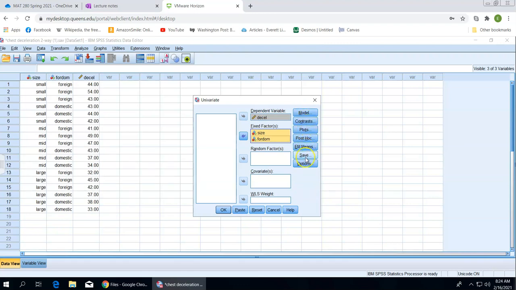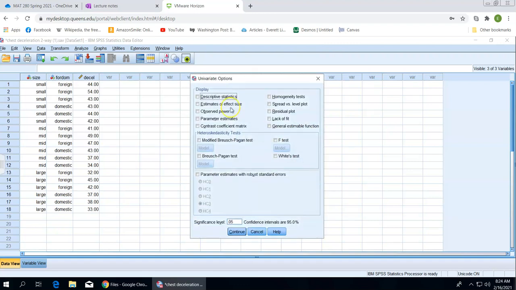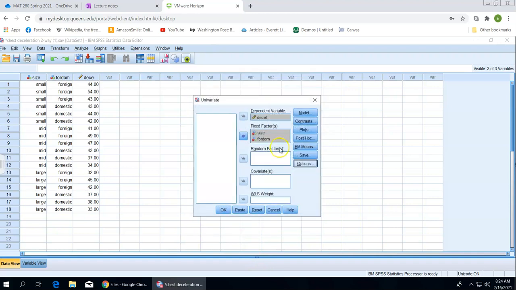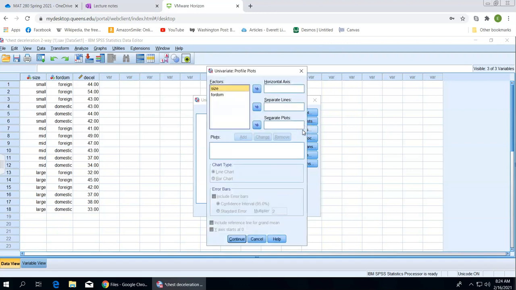Now, under options, let's click descriptive statistics. And to help us out later, let's click estimates of effect size. And we'll click continue. And to see this plot that we're talking about, click plots. You want to put one variable on the horizontal axis and the other one as separate lines. The plot reads better if you've got one of the variables that has more levels than the other one.